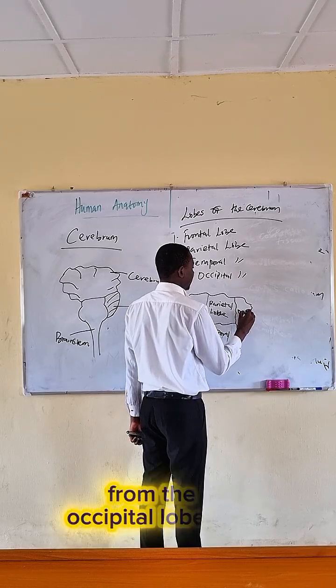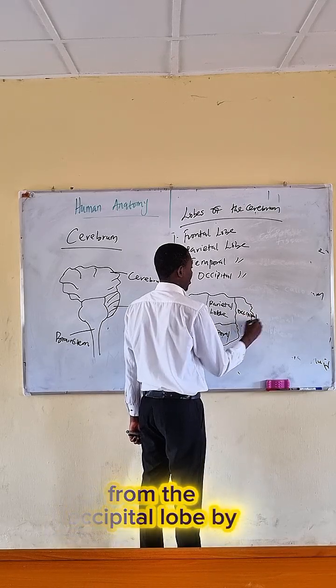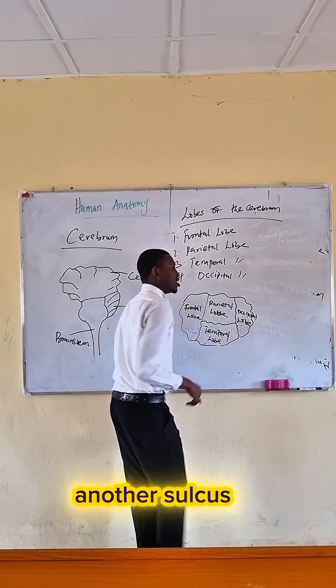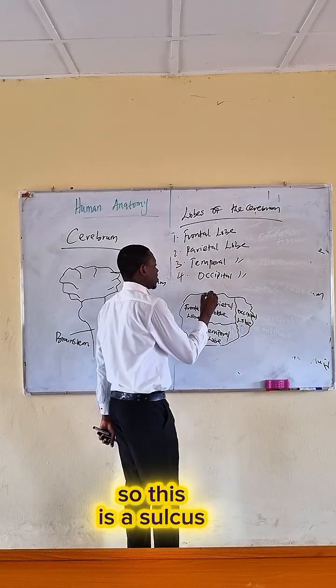They are separated from the occipital lobe by another sulcus. So this is a sulcus right here.